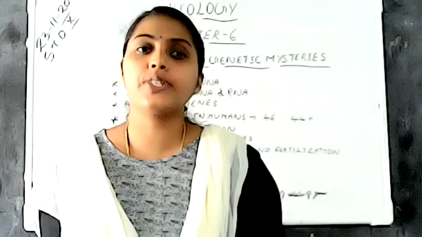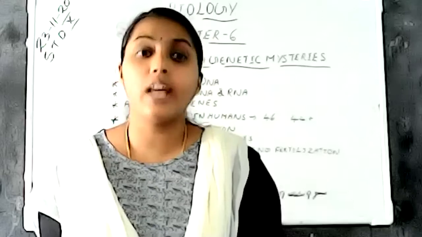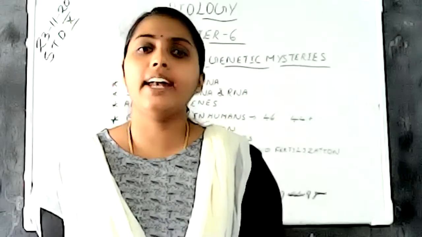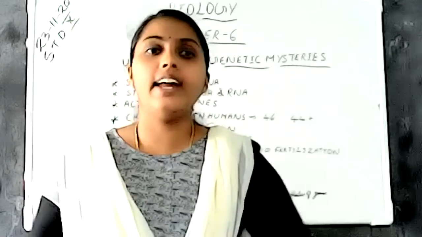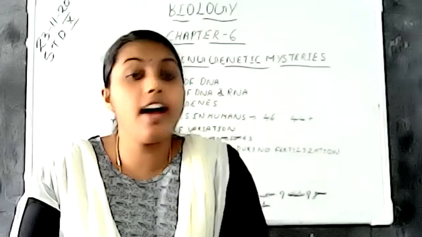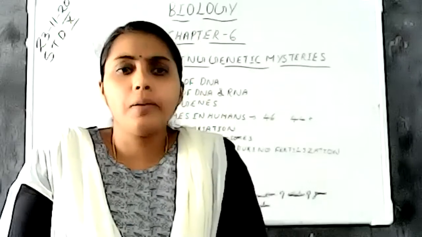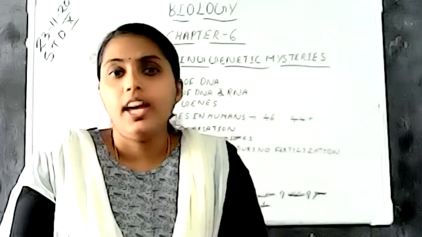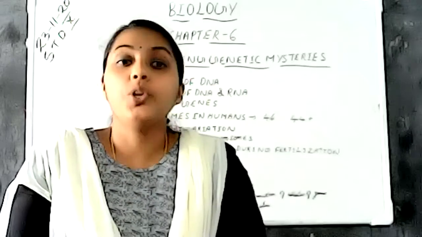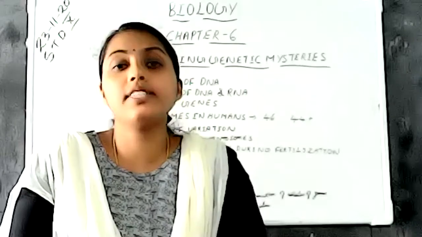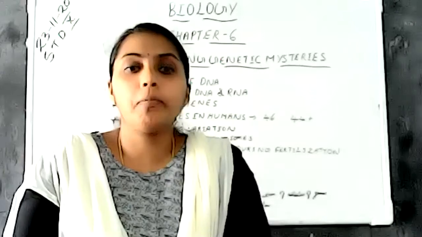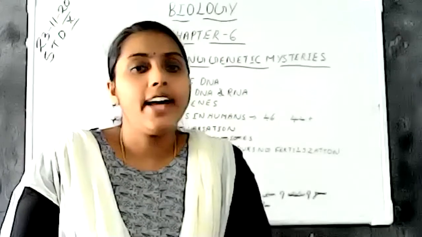RNA is ribonucleic acid. DNA is double-stranded. In the case of RNA, it's single-stranded. Which are the nitrogen bases present in DNA? Adenine, thymine, guanine, and cytosine. And in the case of RNA, instead of thymine, the nitrogen base uracil is present. That's about the comparison between DNA and RNA.